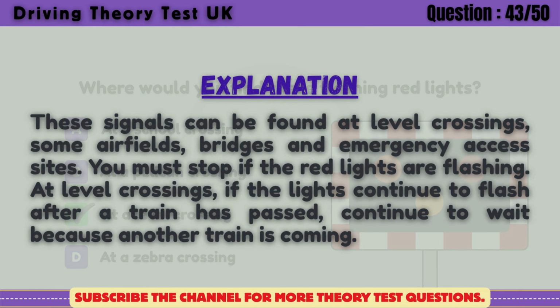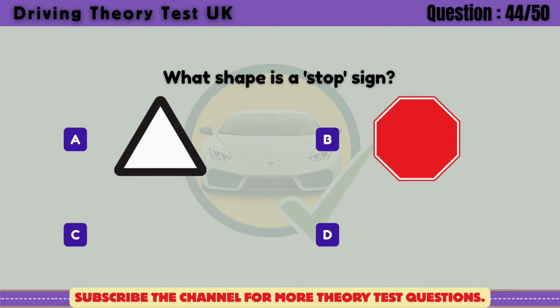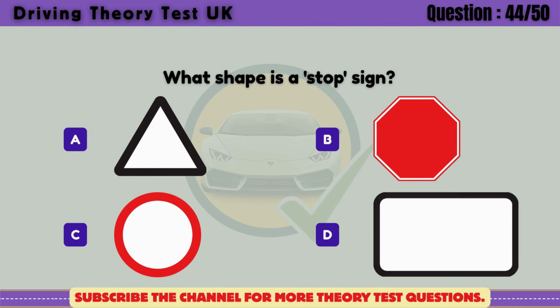These signals can be found at level crossings, some airfields, bridges, and emergency access sites. You must stop if the red lights are flashing. At level crossings, if the lights continue to flash after a train has passed, continue to wait because another train is coming. Question 44. What shape is a stop sign?